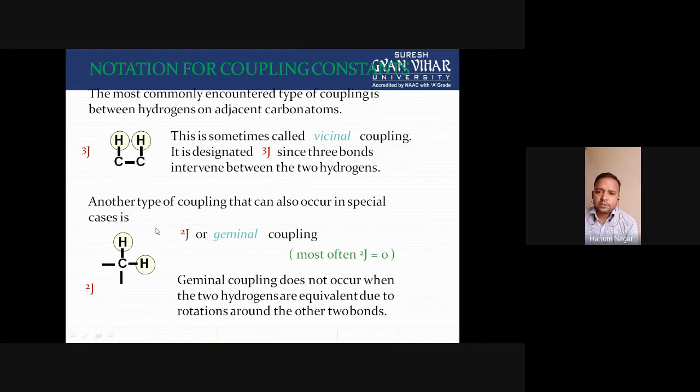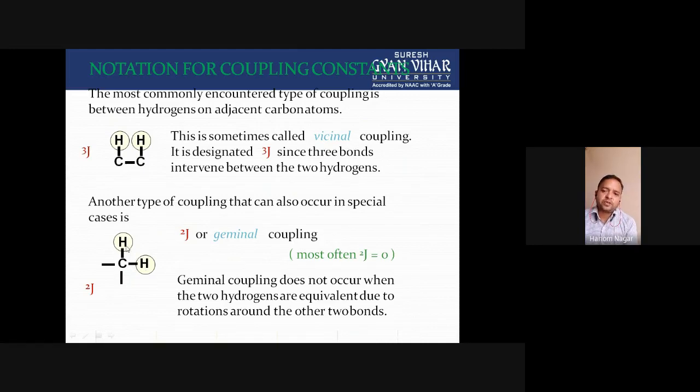Okay. Another type of coupling that can also occur in special cases is the geminal coupling constant. But the geminal coupling constant value is very low. Why is this so? Geminal coupling is not a strong interaction between two protons because there is steric crowding and steric hindrance.